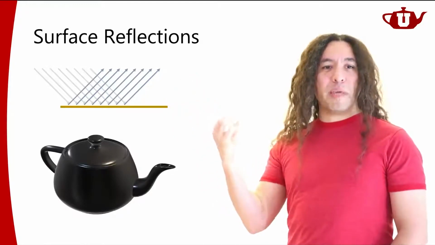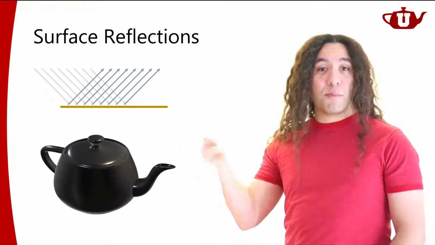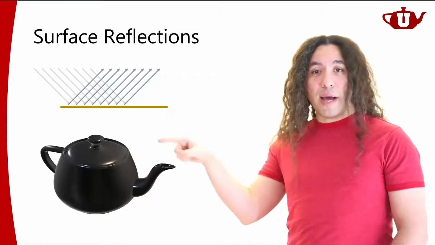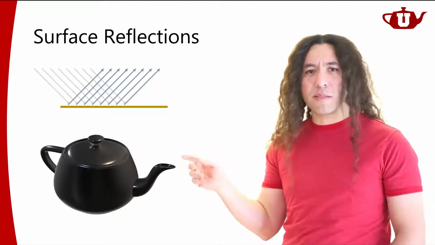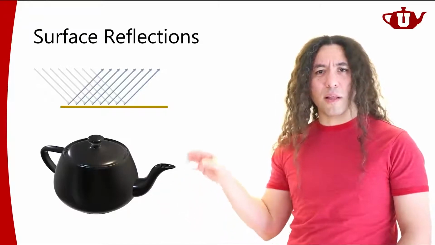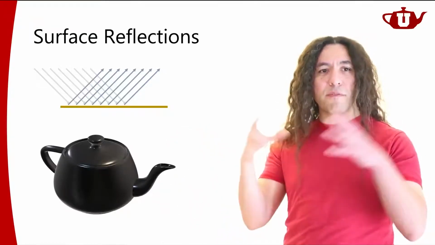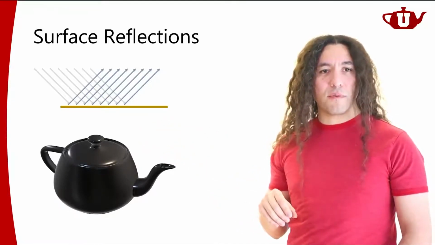A part of the light is being absorbed, right? But all the reflections are happening in the perfect reflection direction. So I can see the reflections of the light sources. If you pay attention, there are reflections of some other things on the surface as well. But mostly what I see is the reflection of the light sources that are illuminating the surface.